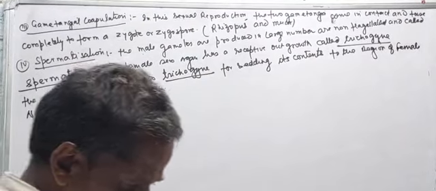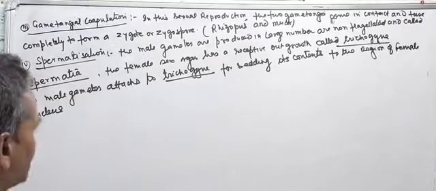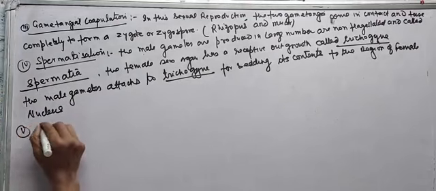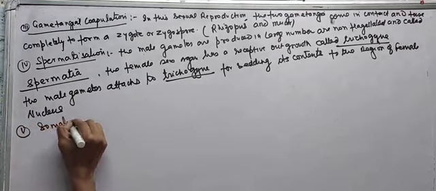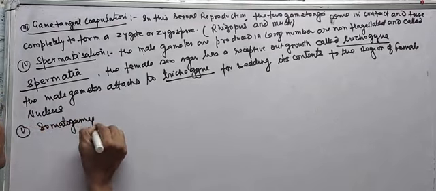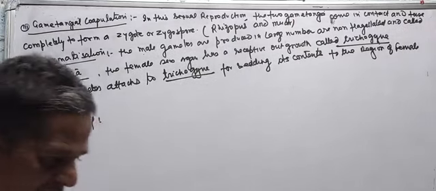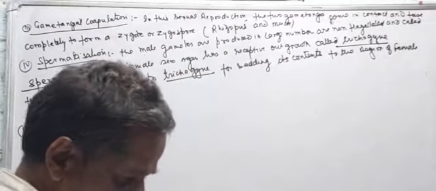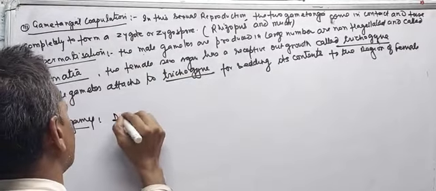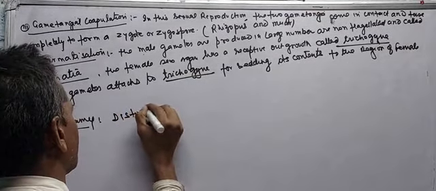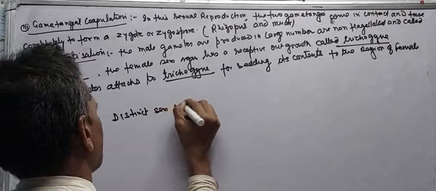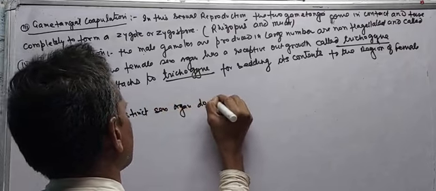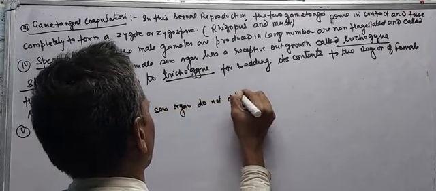Next procedure is somatogamy. Distinct sex organs do not differentiate.